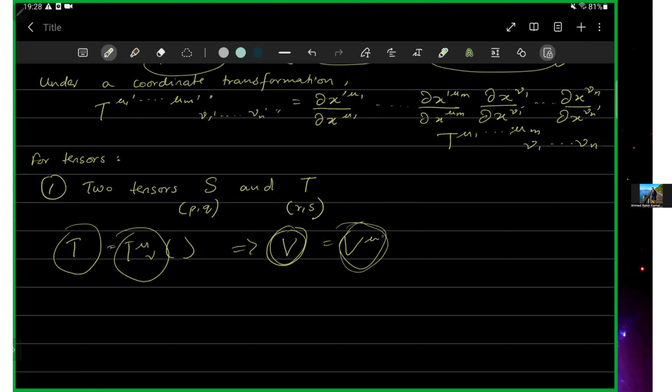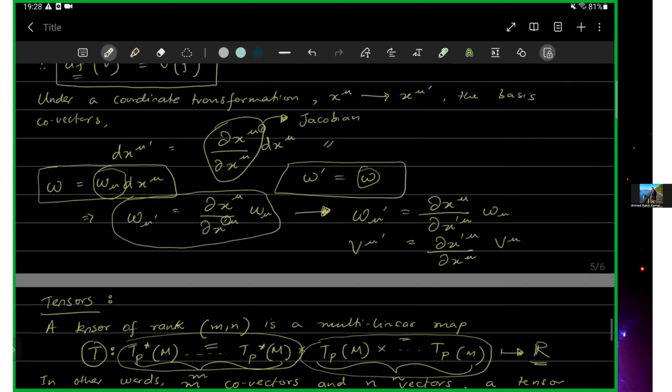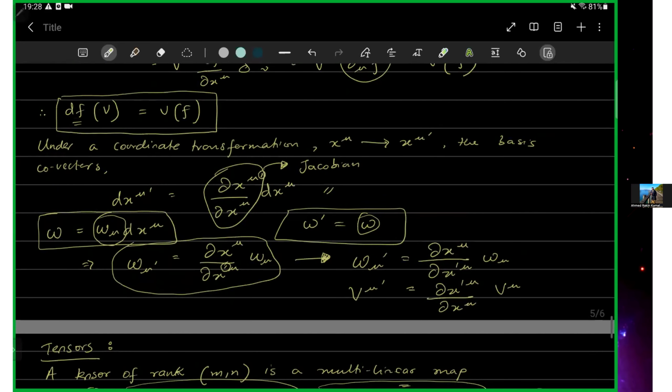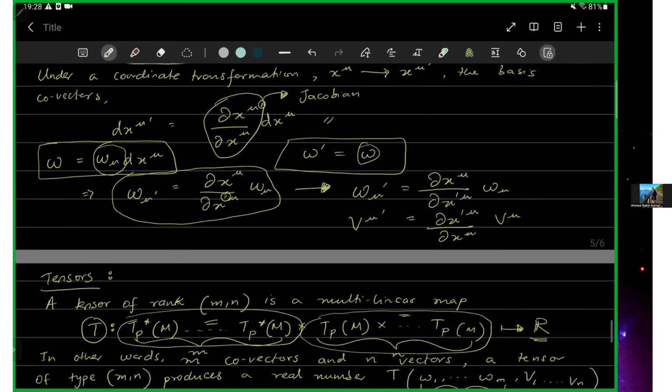If you have indices that are upstairs, the transformation rule via the Jacobian should be the inverse of what you would have for a component that has indices downstairs. Because of course the basis vectors would then also be determined, right? Because the basis vectors also follow the transformation rule via the Jacobian as such.